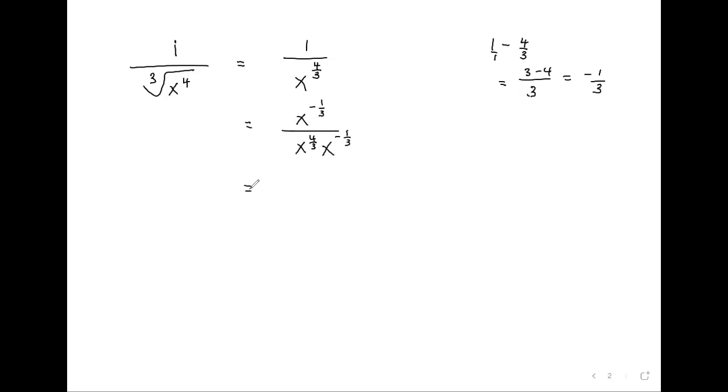Whatever you do in the denominator, you also do in the numerator. So you have x to the power negative 1/3 over same base. Exponential is telling us that if you have same base, you add the powers. So you get x to the power. You have rationalized.